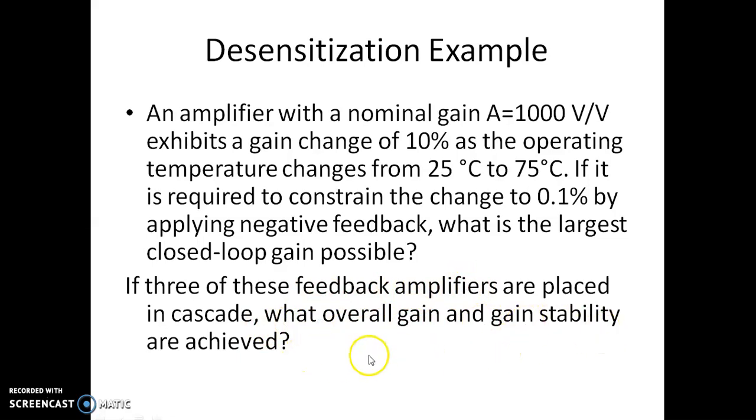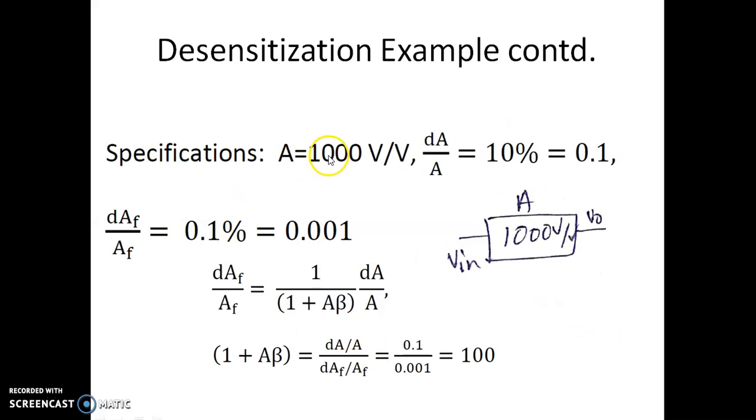So for this, you know this is the specification given. A is 1000, and dA by A is given as 10%, that is the percentage change in the amplifier gain without feedback, which is 0.1. The percentage change in the amplifier gain with feedback has to be 0.1%, that is 0.001. Using this expression, I can write 1 plus A beta as 100.